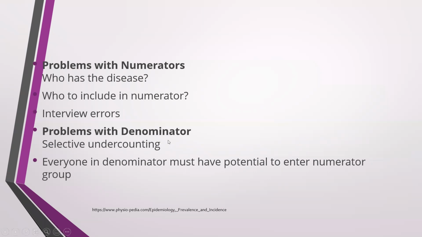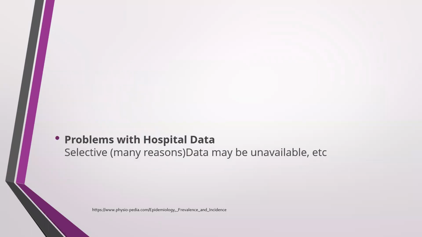Problems with the denominator include selective undercounting, and everyone in the denominator must have the potential to enter the numerator group. Or there can be problems in the selection of the data, either the hospital data or the registries, or maybe due to selective reasons like unavailability of the complete data.